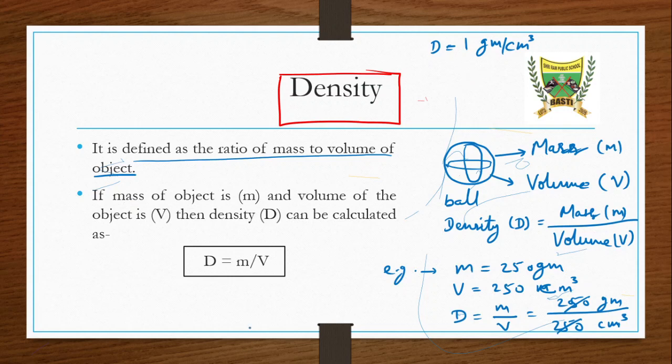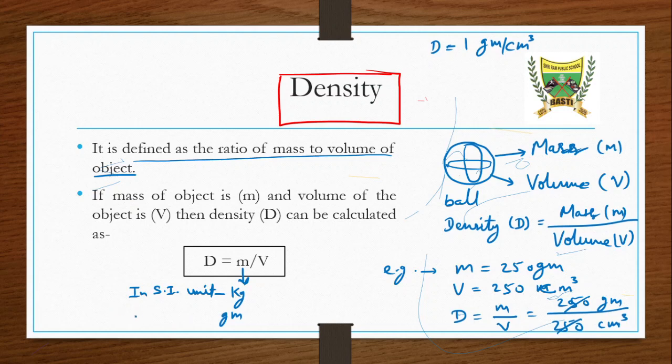Now suppose we have this formula, density equals mass upon volume. But what is the SI unit of density? Generally mass is measured in kilogram. It is measured in gram also, but in the SI unit system, the standard unit system, we use kg.